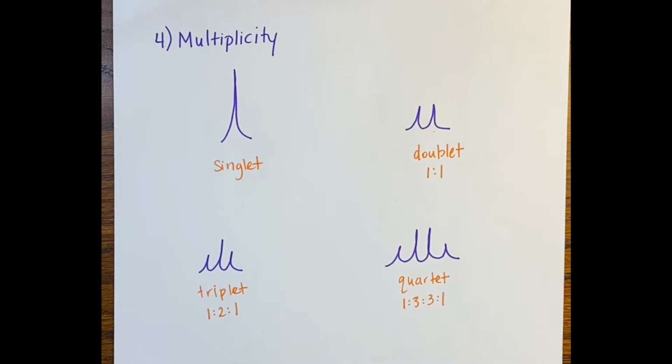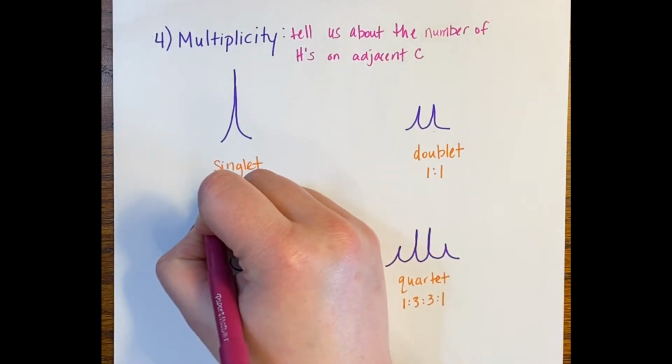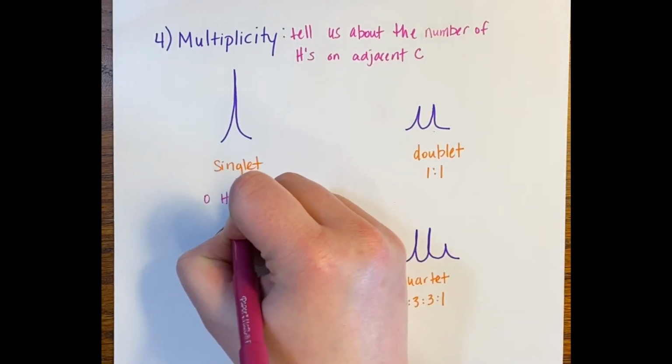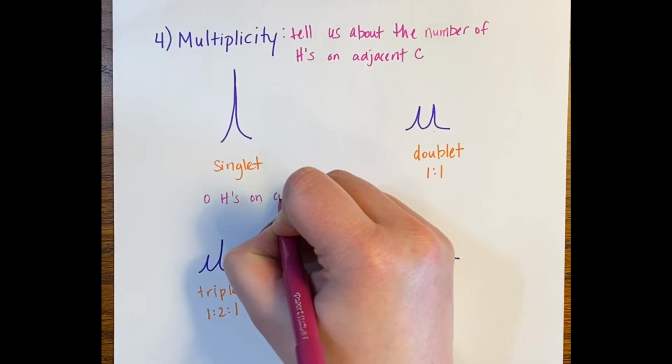Now, what the multiplicity is really going to tell us is the number of equivalent protons on the adjacent carbons. It's going to tell us about the number of protons on the adjacent carbon. So when I see a peak in my spectrum that is a singlet, that tells us that there are 0 protons on the adjacent carbon.